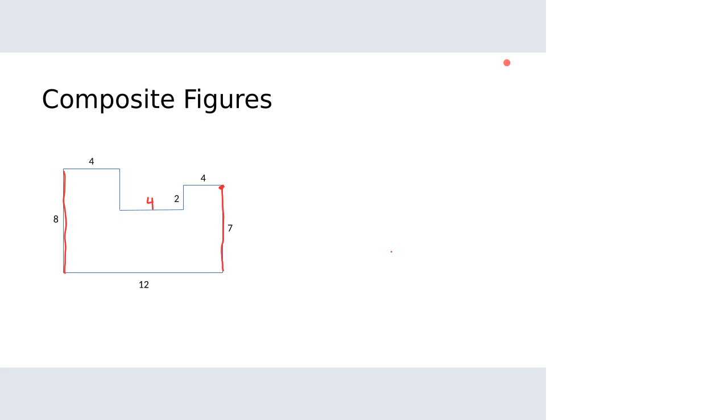So not that obvious at first glance, but essentially what I've got is, if it's 8 all the way from top to bottom and 7 from here, then I know that just right here is 1. And then if I look at this as being 2, then this is also going to be 2.